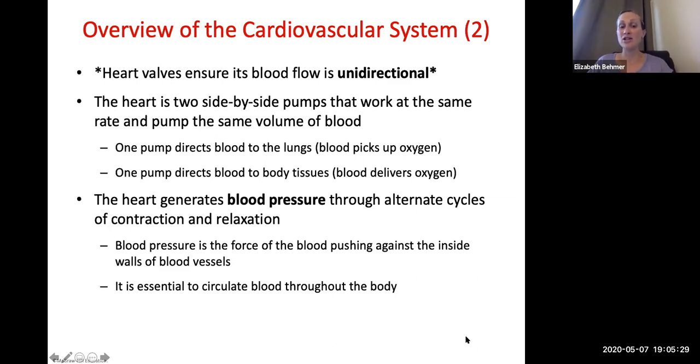The heart generates blood pressure through alternating cycles of contracting and then relaxing, and blood pressure is just that force that blood puts on the inside walls of your blood vessels. So if blood pressure is increased, that just means more blood is flowing through your arteries. And if blood pressure is lower or decreased for some reason, there's less blood flowing through your arteries. And blood pressure is essential for circulating blood through the body.